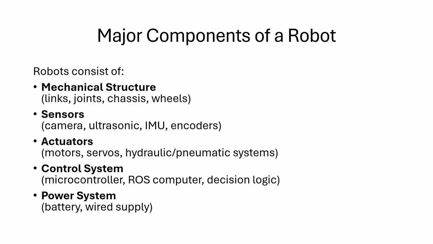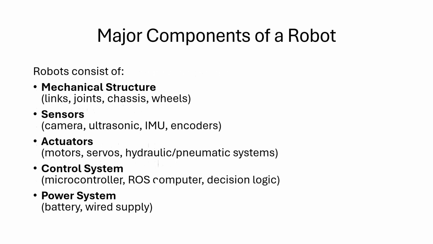Then we have actuators like motors, which allow movement, and the control system, which is basically the brain of the robot, and all the other parts are connected to this brain. And finally, the power system keeps everything running by supplying power. Together, all these components allow a robot to operate intelligently. The word intelligent is very important when considering a robot.